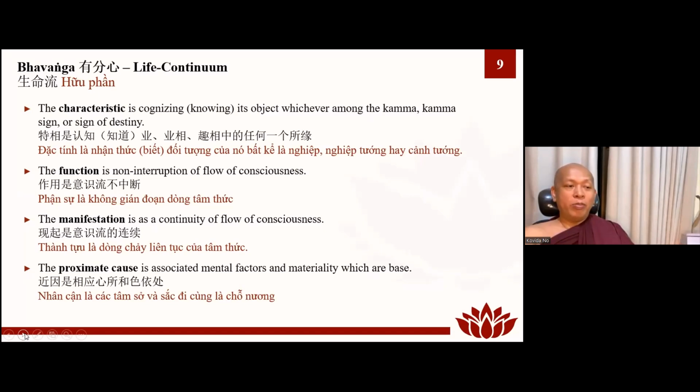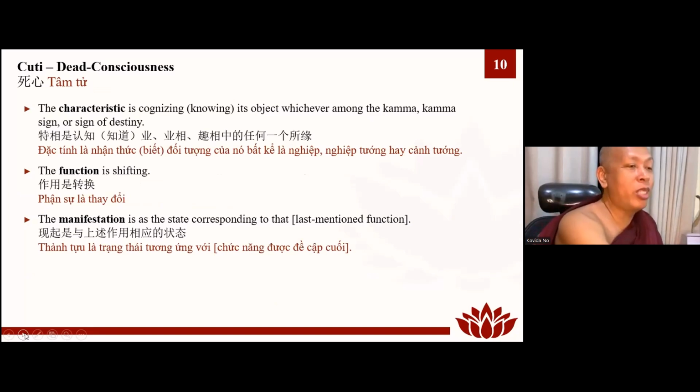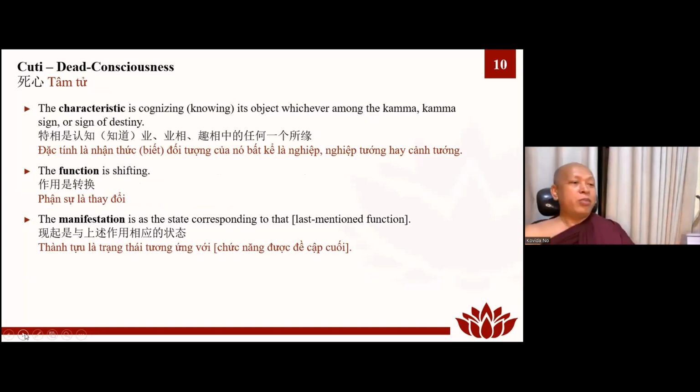The next one. As you see now, the same characteristic, right? It is cognizance or knowing its objects, whichever among the karma sign or sign of destiny. The function is shifting. It will shift from one life to another life. This is called duty.